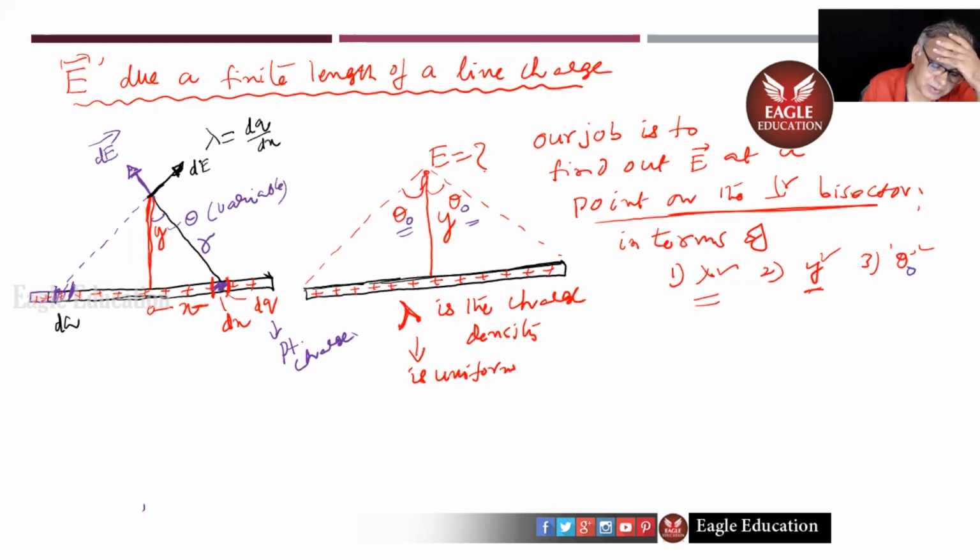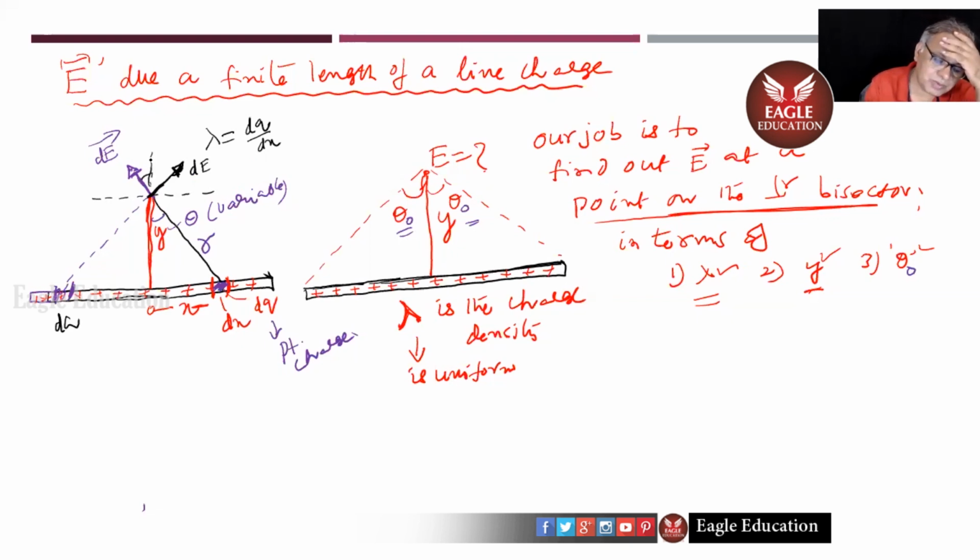I want to find the resultant of all such dEs of different dqs on either side of the origin. Right, so I'll follow the components approach now. If this is theta, what will be this angle? This is theta, opposite angle.